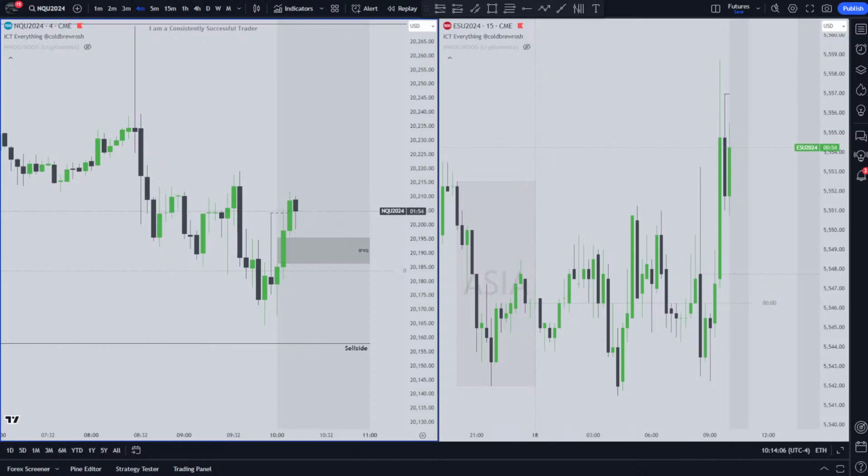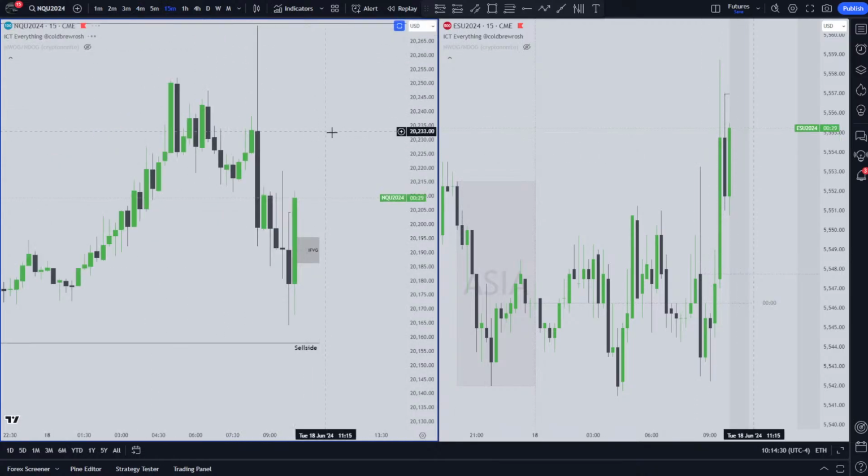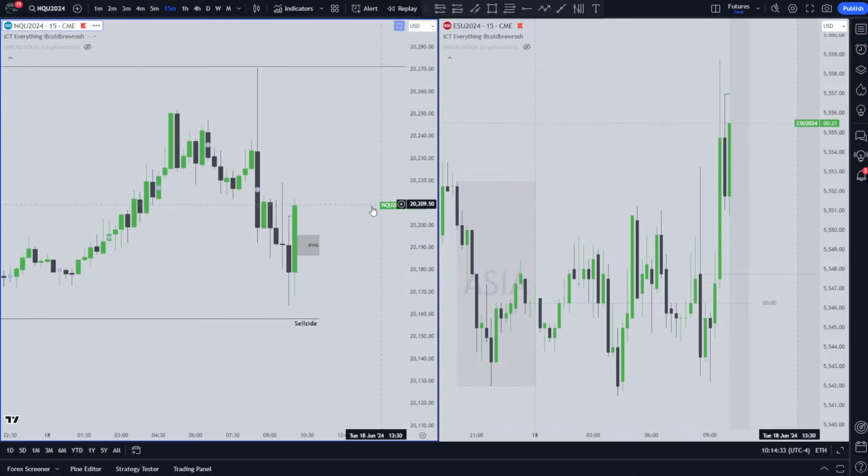Well, not really missed out, but I need to check that 15-minute close. Okay, so yeah, we are potentially closing above. Don't want that though. No.